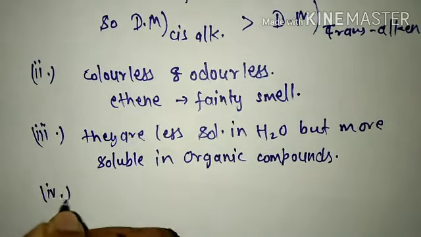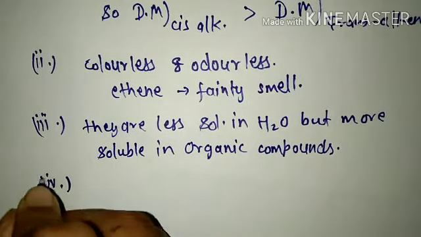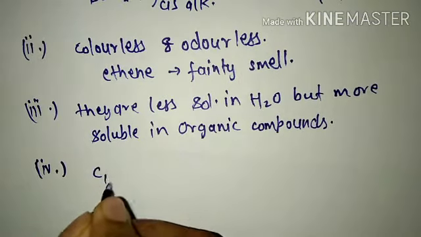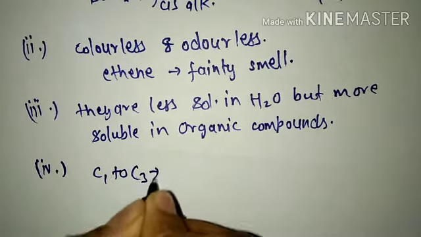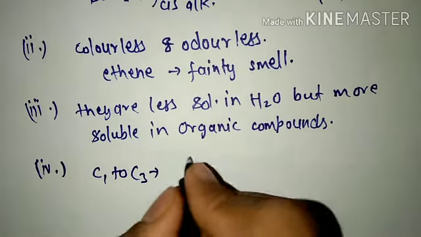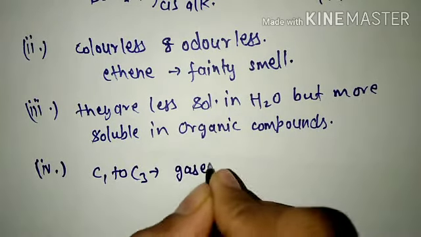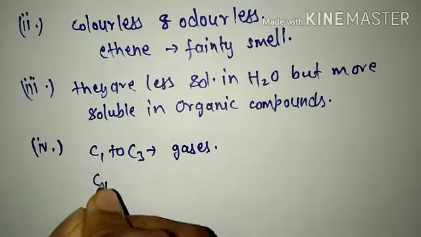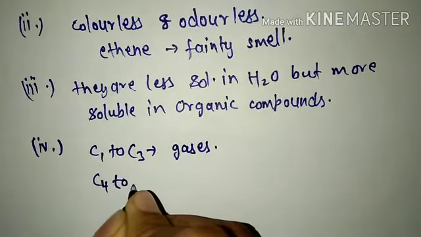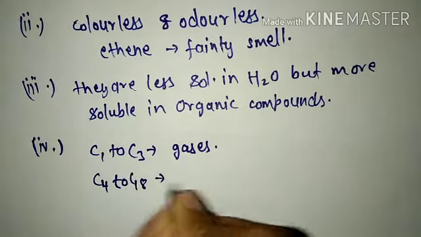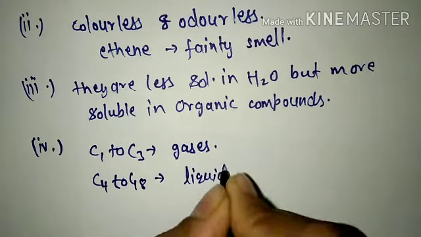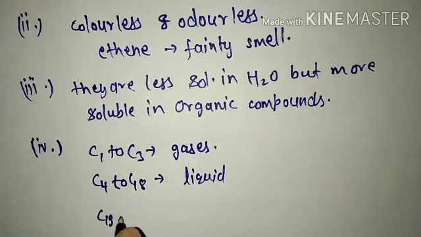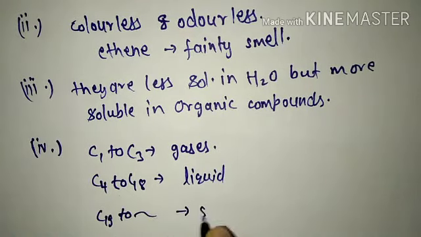The fourth property is like alkane, from C1 to C3 the alkenes are gases, then from C4 to C18 are liquid, and remaining are solid in nature.